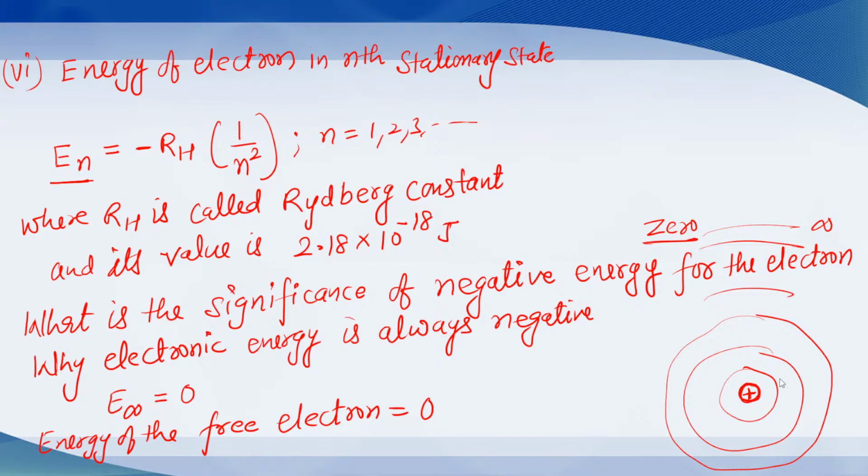Got it? Because of this attraction from the nucleus, electron is revolving around the nucleus to maintain its distance from the nucleus. Okay, that centrifugal and centripetal force, I'm not going into detail. Simple is that energy of the free electron is supposed to be zero.